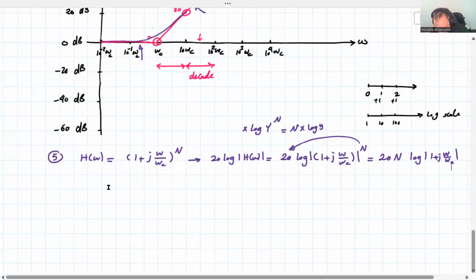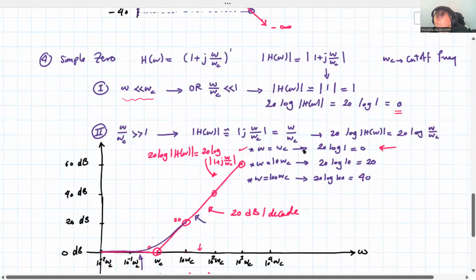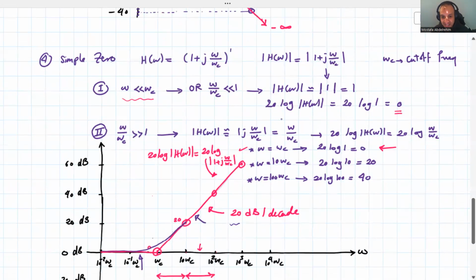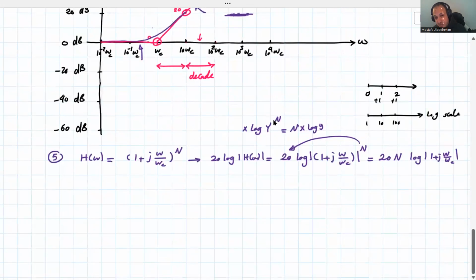Oh, that's exactly what we had before, but instead of 20, it will be 20n. So the slope will be 20n, not just 20. Here it was 20 multiplied by 1 because the exponent was 1. But in this case, we're going to have the same plot, but with 20n. We're going to solve it, don't worry.